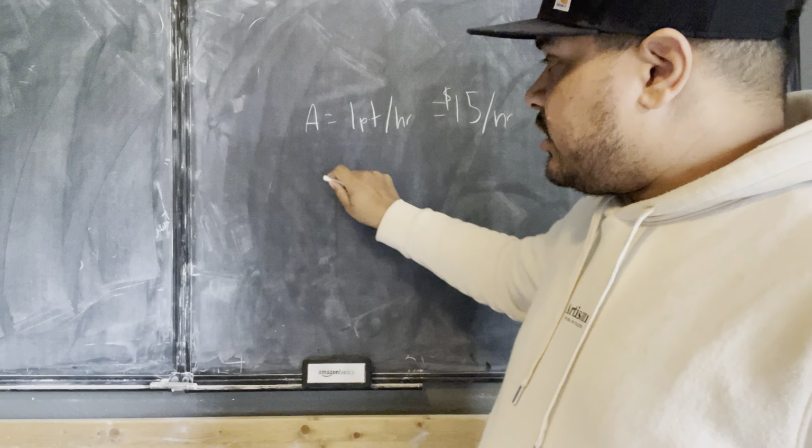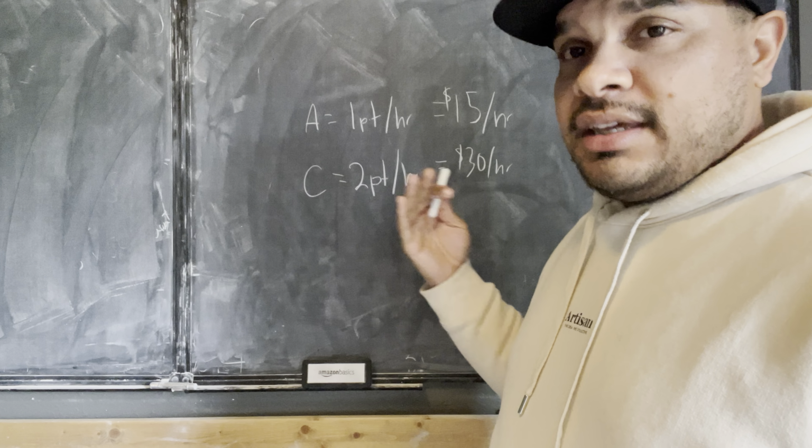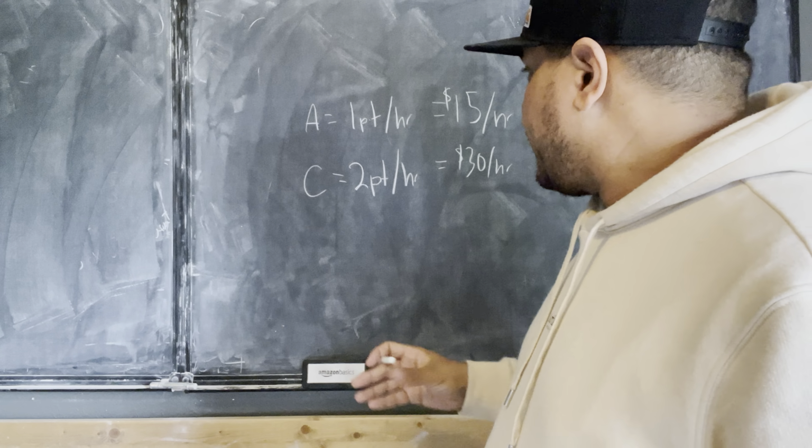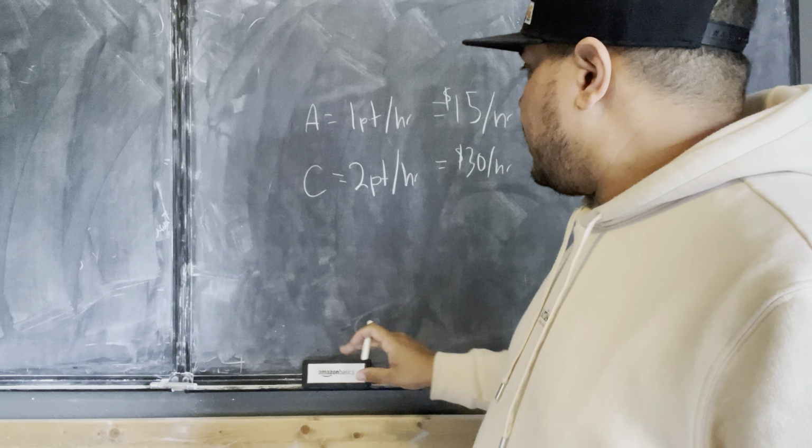You may not be paying them that, but that's the maximum of what you would be able to pay them if they were producing that much revenue. So regardless of who is painting, and regardless of who is doing the point, your base cost is going to be $15 per point.